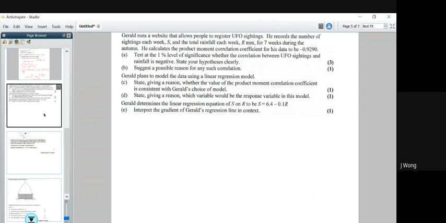Moving on, question 3. It's a statistics question. They say that a person runs a website that allows people to register UFO sightings. Interesting.